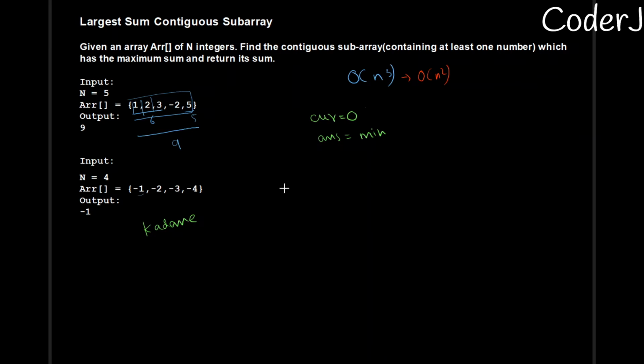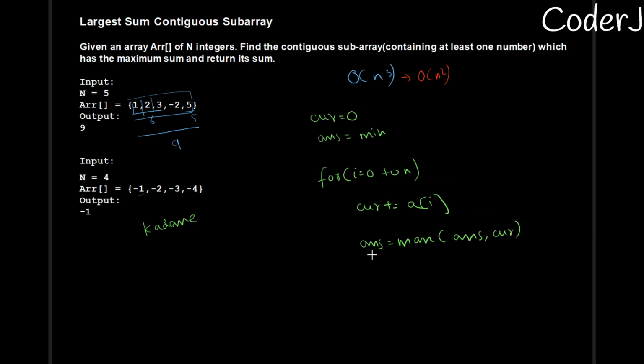Okay, so now let's start with the loop. You will have a loop that will go from i equal to 0 to n, right? And as I said earlier, your current variable will add the value at which your index is pointing to, and after that your answer will be the max of whatever it was previously or whatever it is currently.